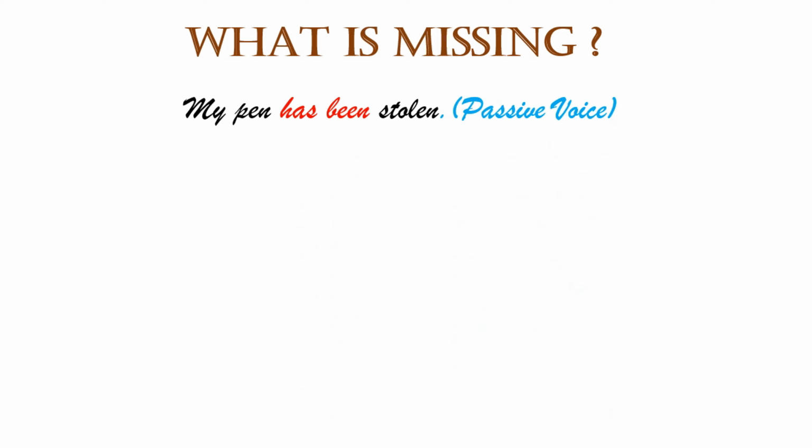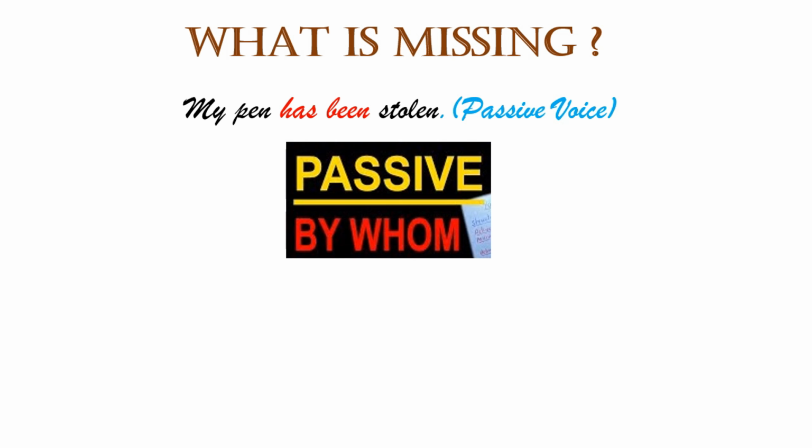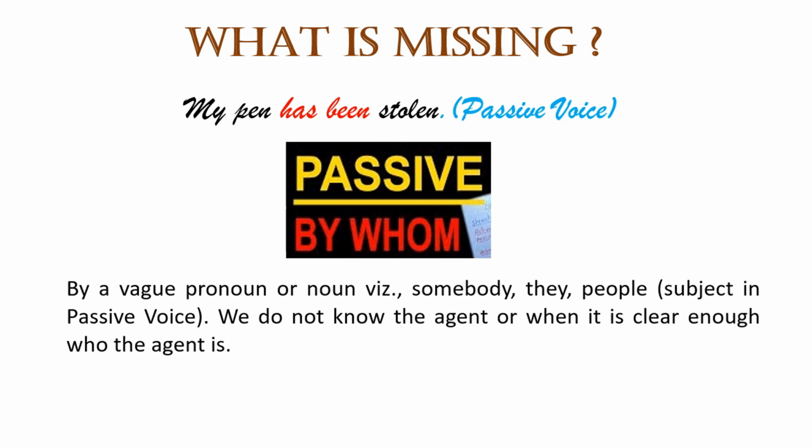Now, what is missing in this example? My pen has been stolen. Obviously, you can make out that the verb is in the passive voice. But who stole the pen? Nothing has been mentioned in the example. So the pen has been stolen by a vague pronoun or noun.